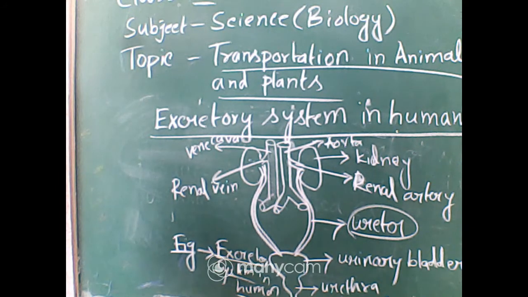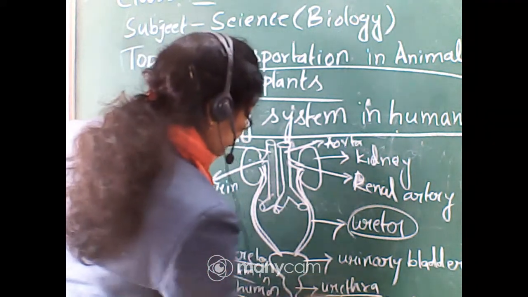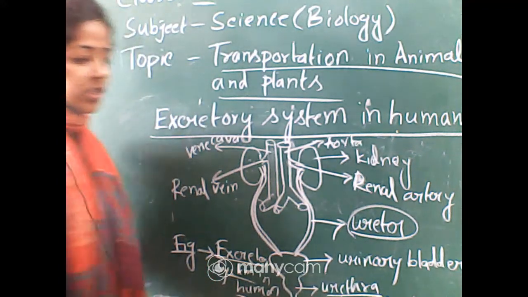Now I have told you that from the kidneys the urine goes to the urinary bladder through the tube-like ureters, and after that the urine is stored in the bladder and passed out through the urinary opening at the end of the muscular tube called the urethra. That is called the urethra, a muscular tube-like structure.